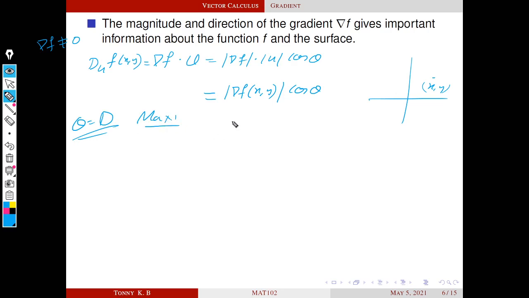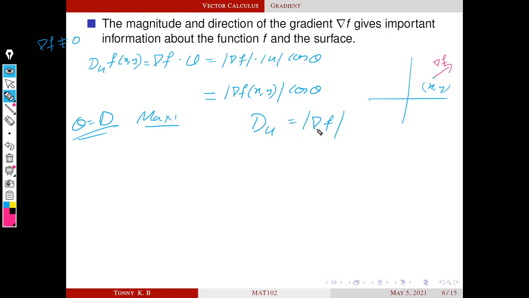And what is the maximum value? The corresponding maximum value is modulus of del f. The maximum occurs when theta equals 0, and the maximum directional derivative is modulus of del f at that point. Which direction gives the maximum rate of change?